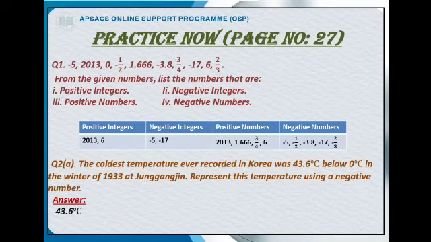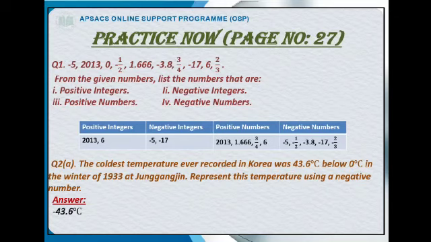All the numbers which are non-decimal numbers like 2013 and 6 and also positive. I repeat it again: any number which is non-decimal and without a negative sign, so they are the positive integers like 2013 and 6.